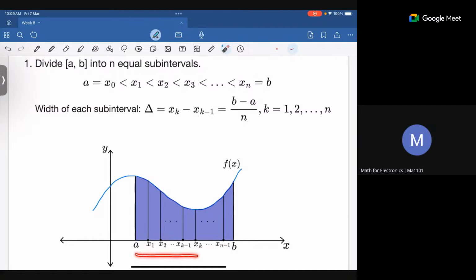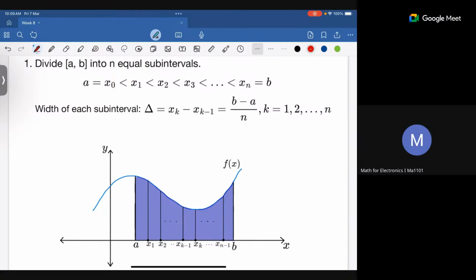So the total length comes out to be b minus a, because from a to b the length is b minus a. So this interval AB is of length b minus a, and I will divide the whole interval into n subintervals, n equal intervals.